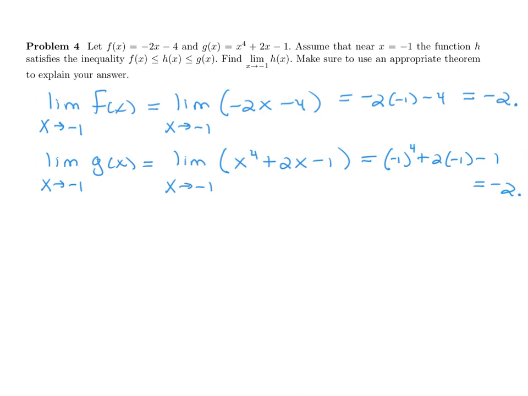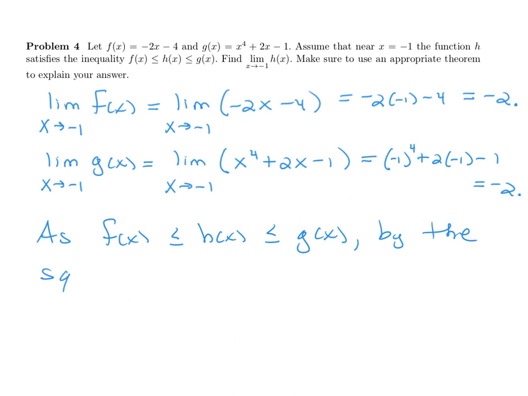So to complete this, what I'll state is, as f of x is less than or equal to h of x is less than or equal to g of x, by the squeeze theorem, the limit as x approaches -1 of h of x must be equal to -2 as well.